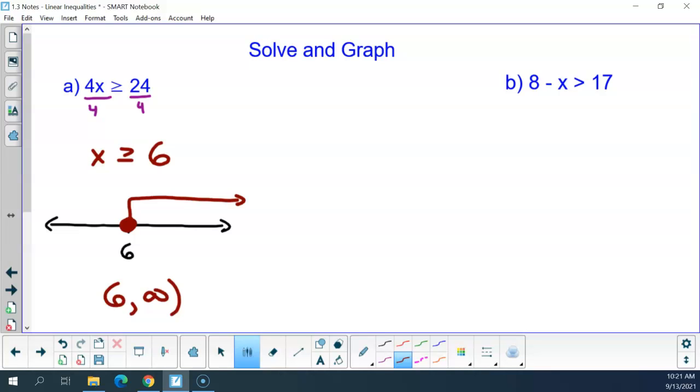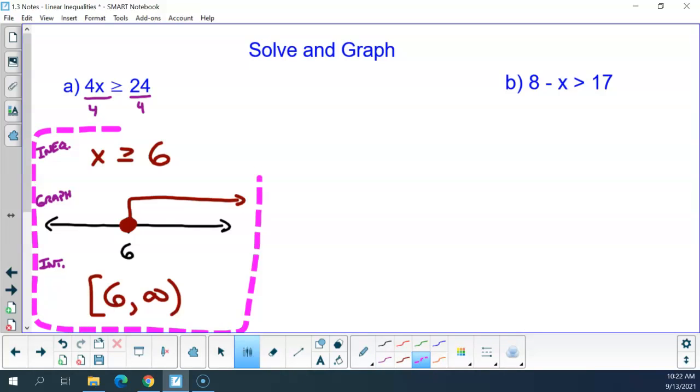I have a bracket because of the equals part. Okay. So this one right here, this is my inequality. This is my graph. And this is my interval notation. All three combined give me the exact same answer.